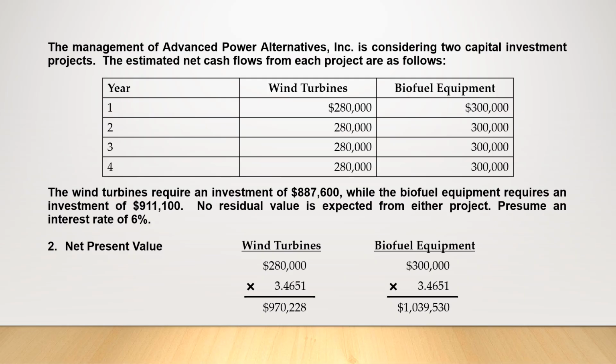Now determine the net present value by subtracting each project's cost from its respective present value. $887,600 for the turbines, $911,100 for the biofuel equipment. So the net present value is $82,628 for the wind turbines and $128,430 for the biofuel equipment.